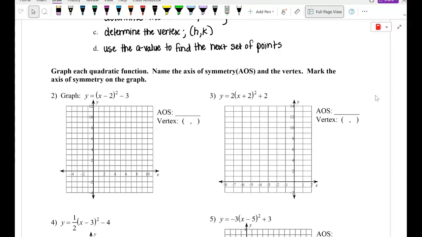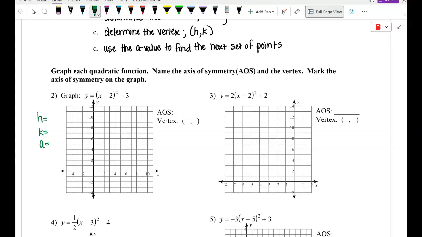The first equation they're giving me here is y equals the quantity x minus 2 squared minus 3. So I need to be able to identify my h value, my k value, and my a value. I need all three of those values. They all have a part in graphing this function.